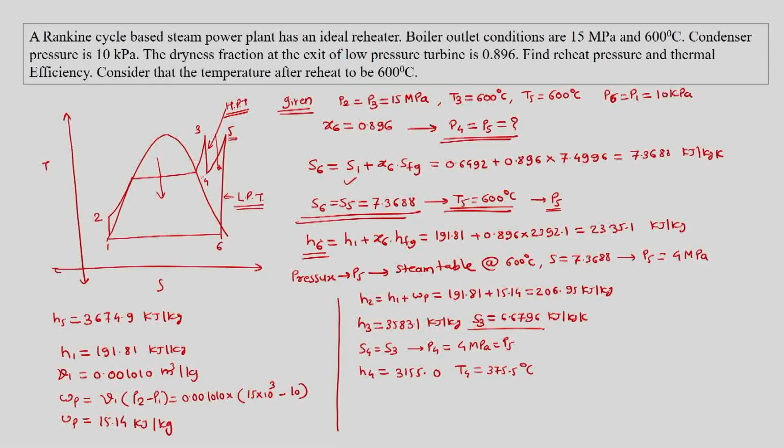Here we have to keep one point in mind: in some cases we would not be given the reheat pressure, as we were in this example. We have to find out the reheat pressure from the entropy equal conditions, S6 is equal to S5 and S4 is equal to S3.